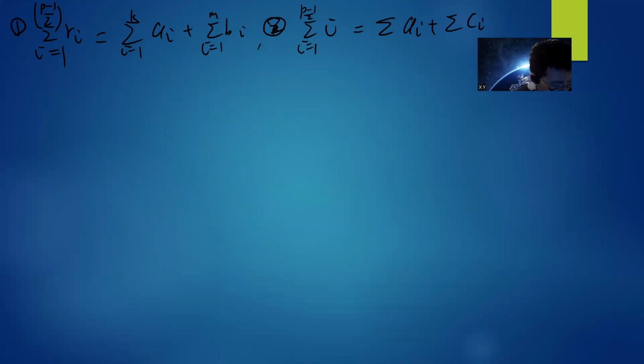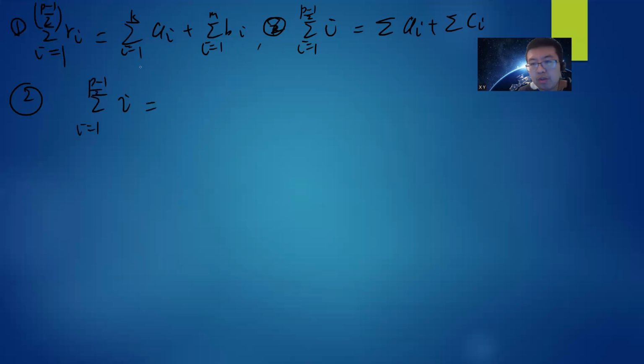Okay, so the second equation can be written as the summation of I from 1 to (P minus 1) divided by 2.